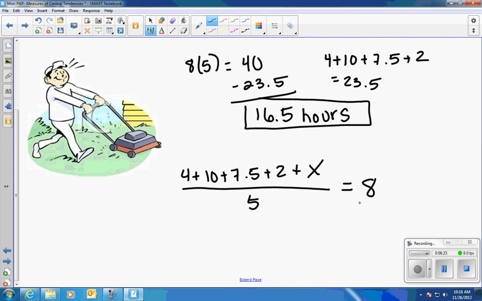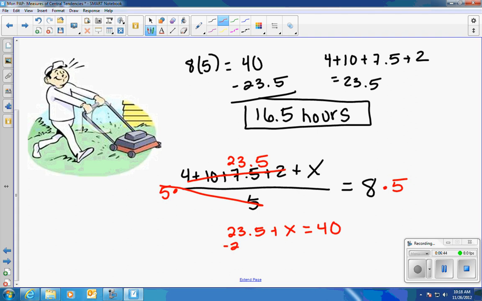So I worked this equation backwards. I simplified all this information to 23.5. And I multiplied both sides of this equation by 5 to get rid of that bottom. And then I subtracted 23.5 from both sides.